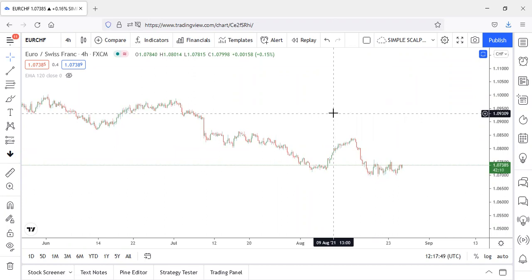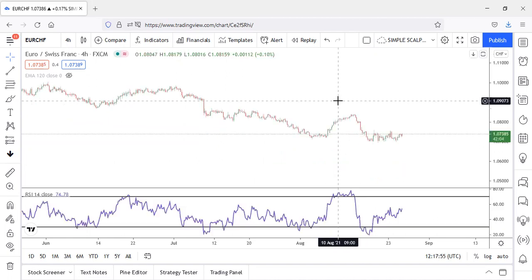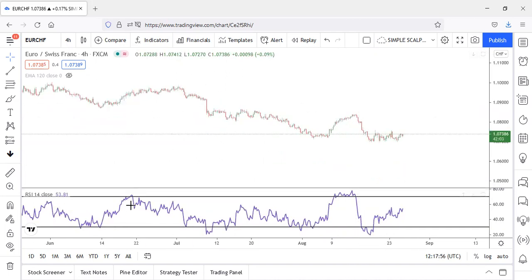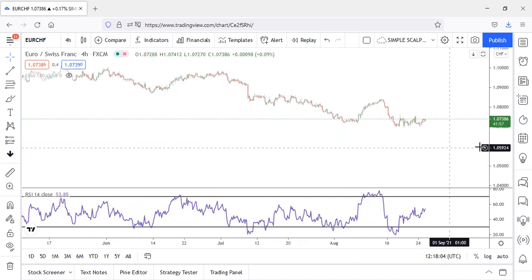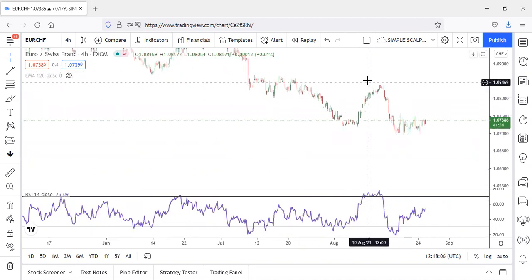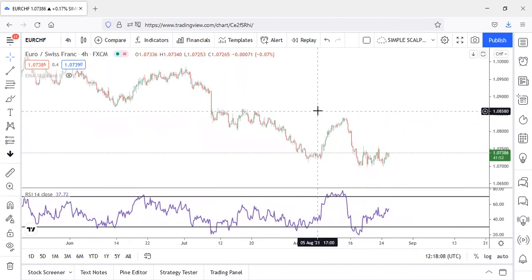But in the case of this example, I'm going to be using relative strength index. Here I have relative strength index with regular, default settings. Now let's look out for a bearish hidden divergence.